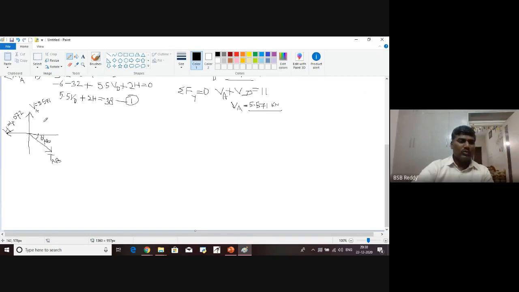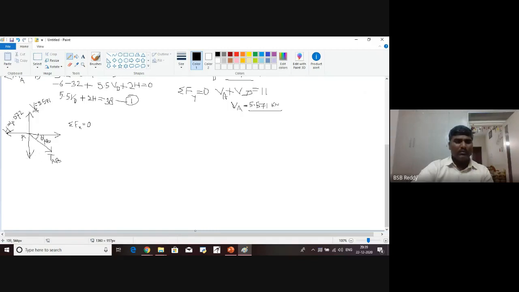4.072. Okay, right. So now we have two unknowns and we can write two equations. This is joint A here. So just write sigma Fx equals 0. What is sigma Fx? The component of this one, TAB cos theta, and component of this one is vertical component.